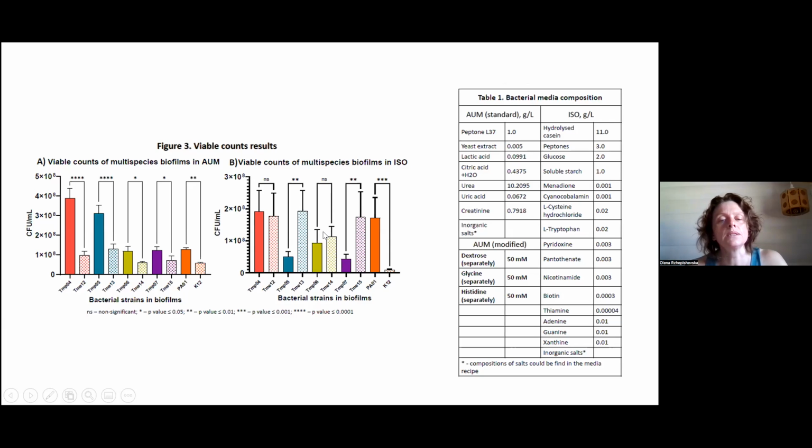So if we look at the biofilm grown in the isosensitive test, the same strains all of a sudden behave differently, because Escherichia starts growing better. The first pair is the same, they're equal in their amount. In the second pair, Escherichia takes over, these green ones.